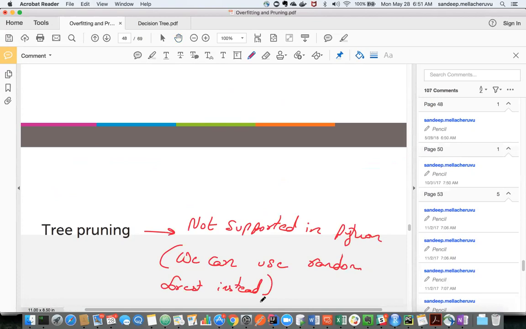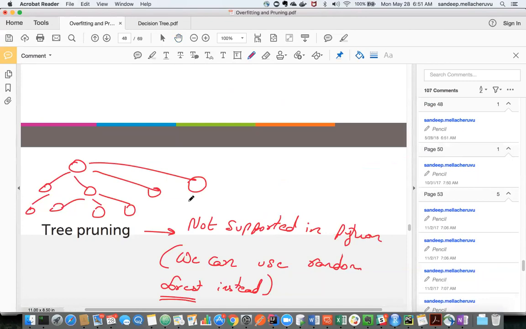Random forest is nothing complicated, so let me give you an intuition. What is a forest? It's a collection of trees. Is it right? A forest is nothing but a lot of trees. So what we do with random forest is, we know that if we grow the tree too large, if the tree complexity is too high, if it is too complex a tree, then we are just overfitting the data, and we do not want to overfit the data. Because of that, we are doing all this pruning.